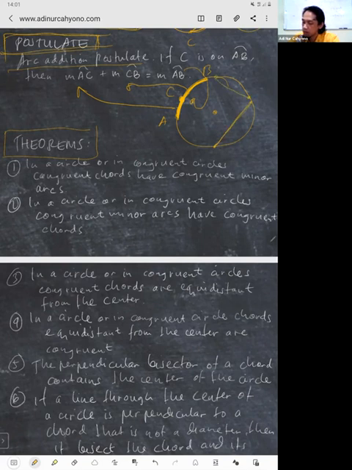If EF and CD are congruent chords, then they will have minor arcs that are also congruent. Jadi kalau tali busurnya kongruen, nanti busurnya juga akan kongruen.